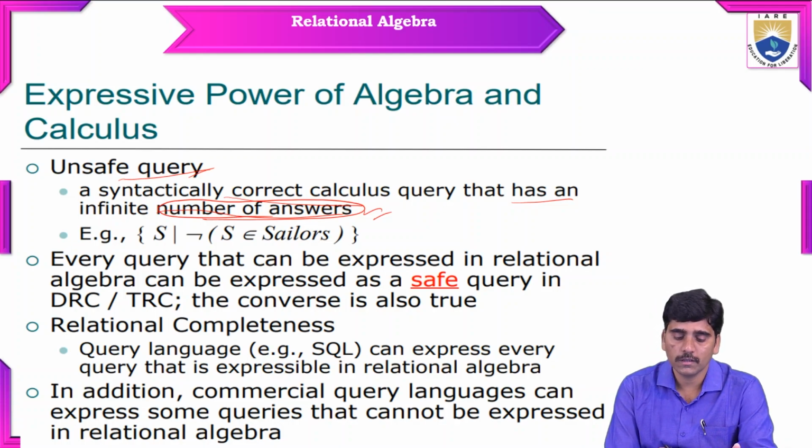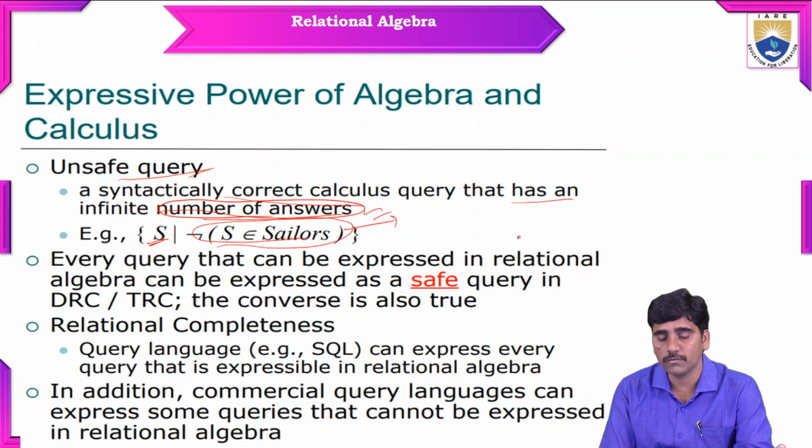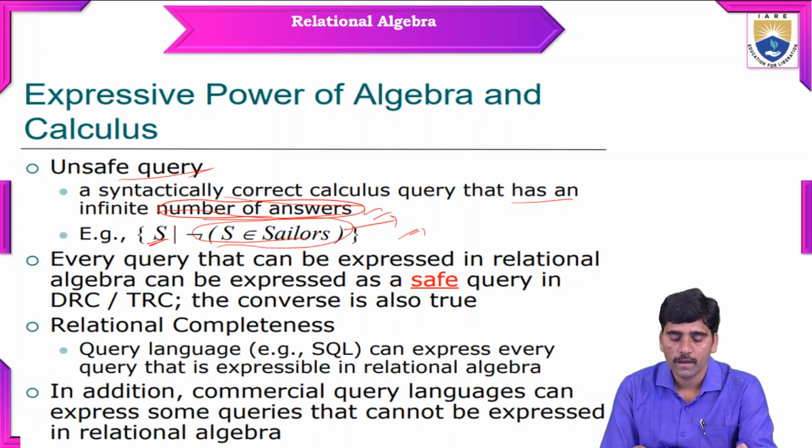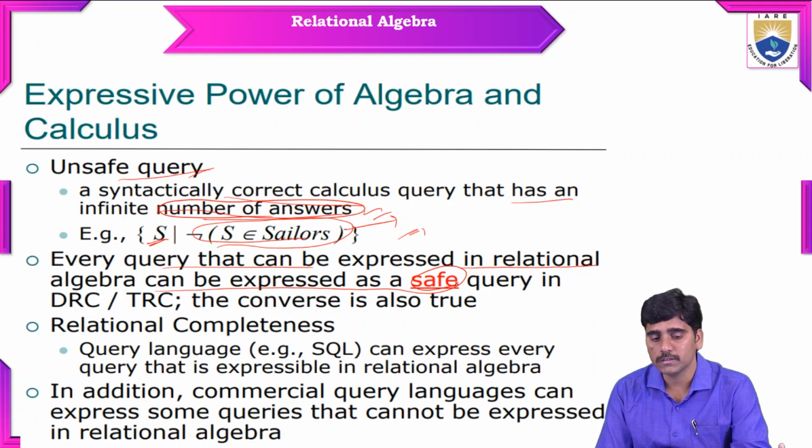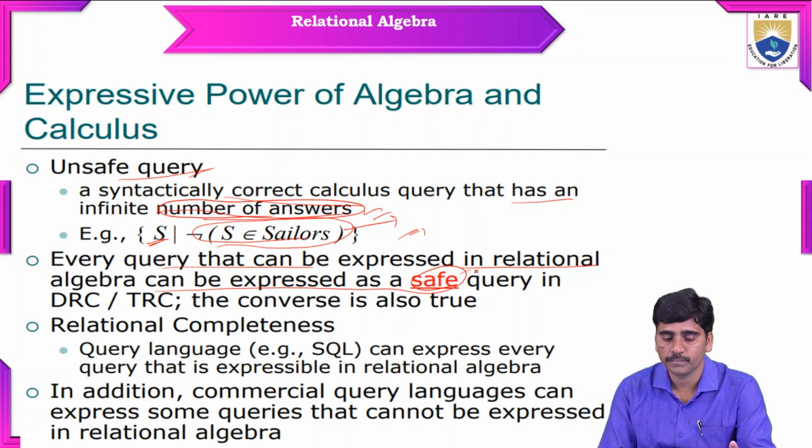For example, the sailors table: if I execute this query based on the different types of queries, we can have multiple answers. Every query that can be expressed in relational algebra can be expressed as a safe query.